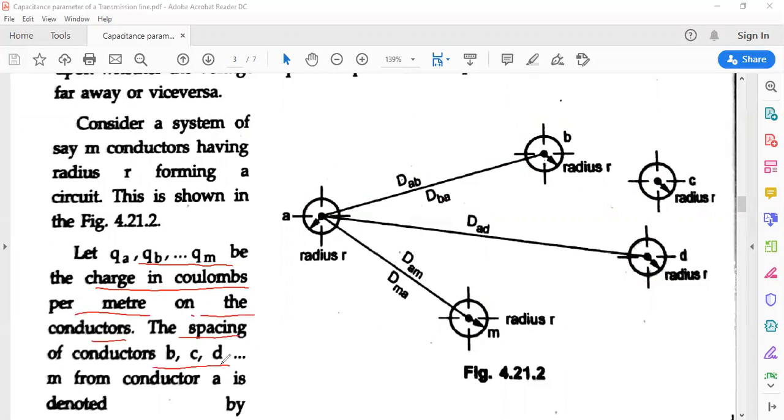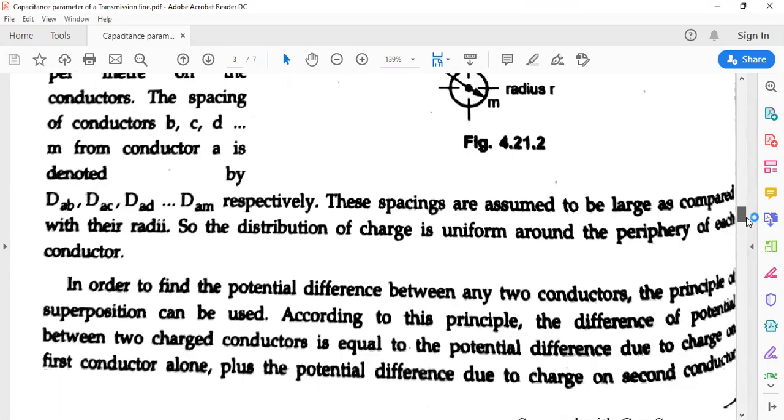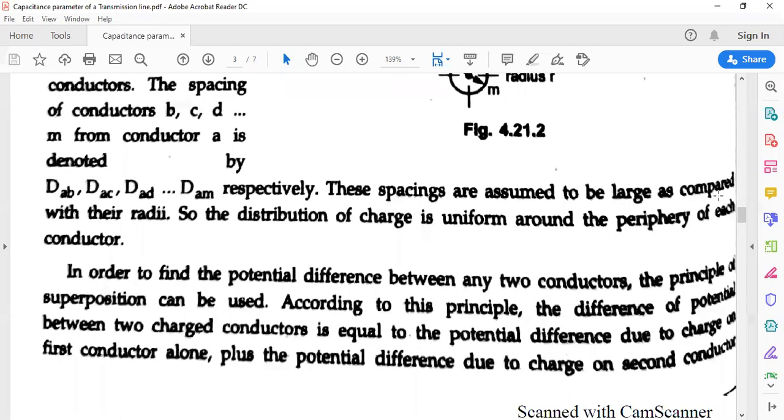The spacing of conductors is denoted from A to the conductors B, C, D, and the conductor M. So these are the distances which are present from the main conductor A to B, C, D, and M. So each and every conductor is denoting a small distance, which is DAB, DAC, DAD, and DAM to the final conductor. So these are there with respective distances.